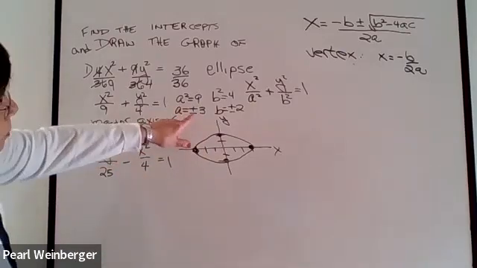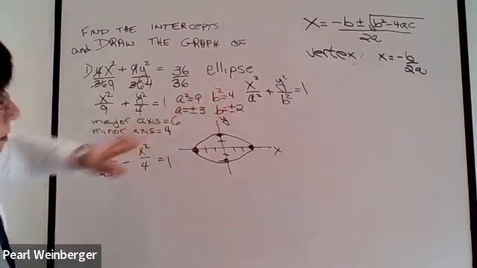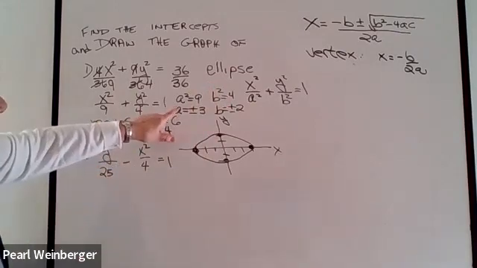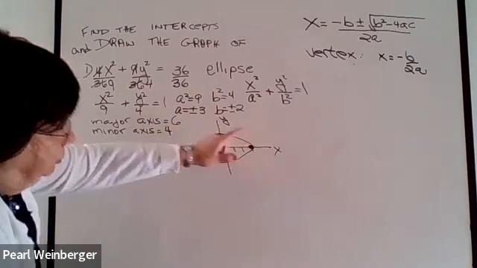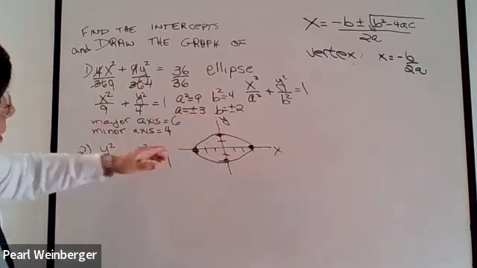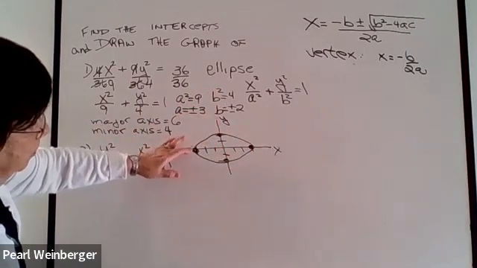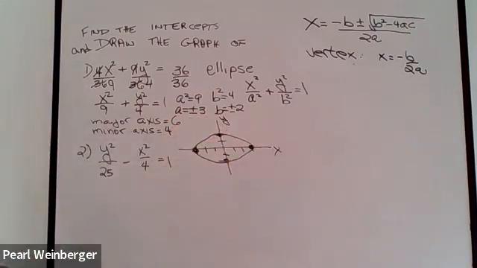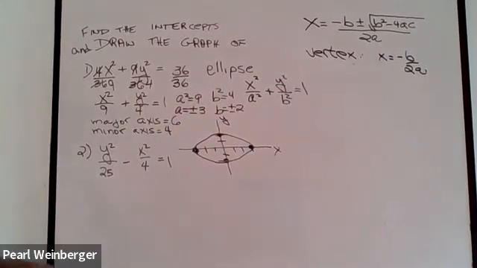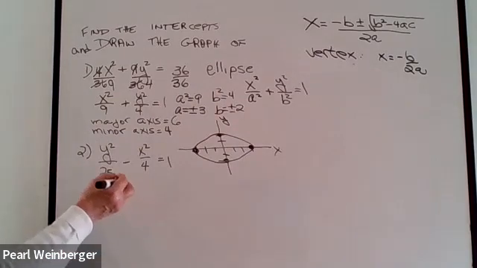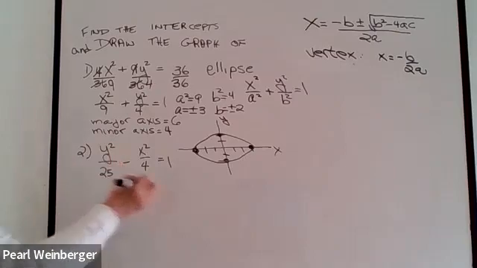It's always double whatever the a and the b are, because these numbers are from the origin to the edge, and when I ask for the major axis, I'm going from edge to edge. Okay. So that takes care of number 1. Let's look at number 2. Number 2 is what we call a hyperbola.